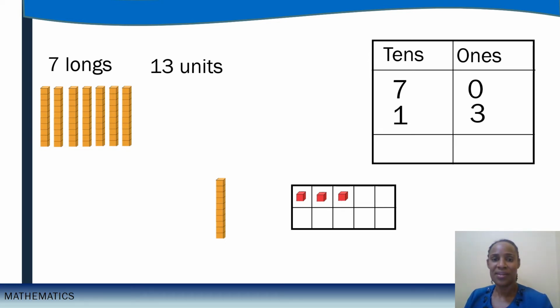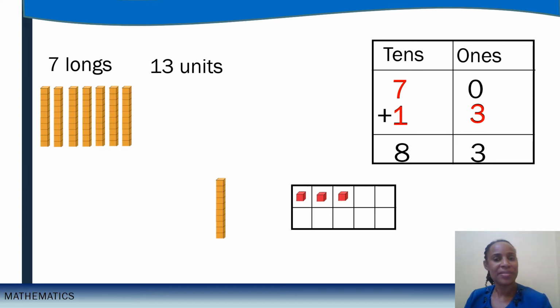Now, boys and girls, to find out which number 7 longs and 13 units represent, we will add each column. So in our ones column, we have 0 ones and 3 ones. 3 added to 0 ones gives us 3. In our tens column, we have 7 tens and 1 ten. 1 ten added to 7 tens gives us 8 tens.